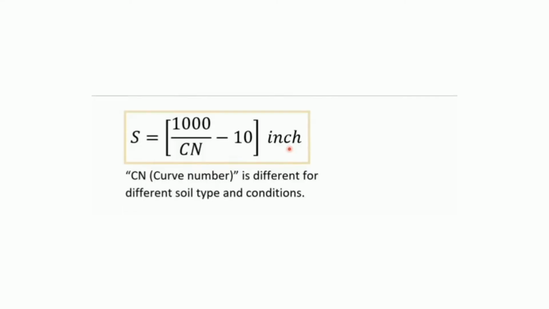S equals 1000 over CN minus 10. CN is different for different soil type and condition.